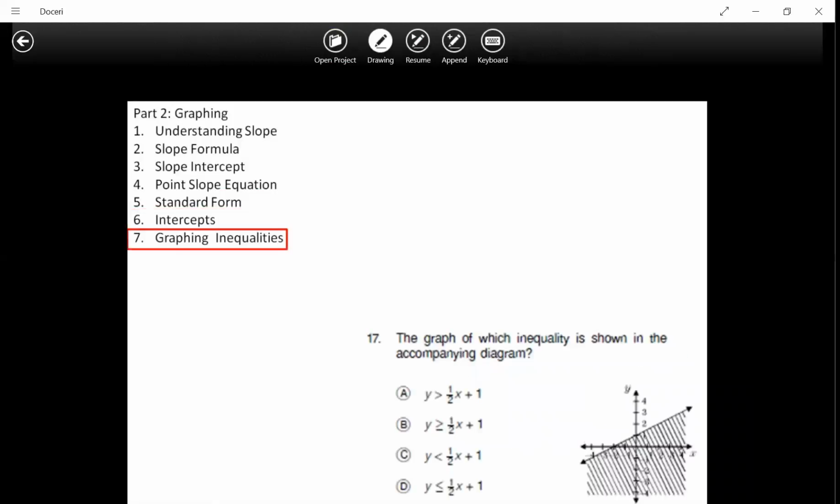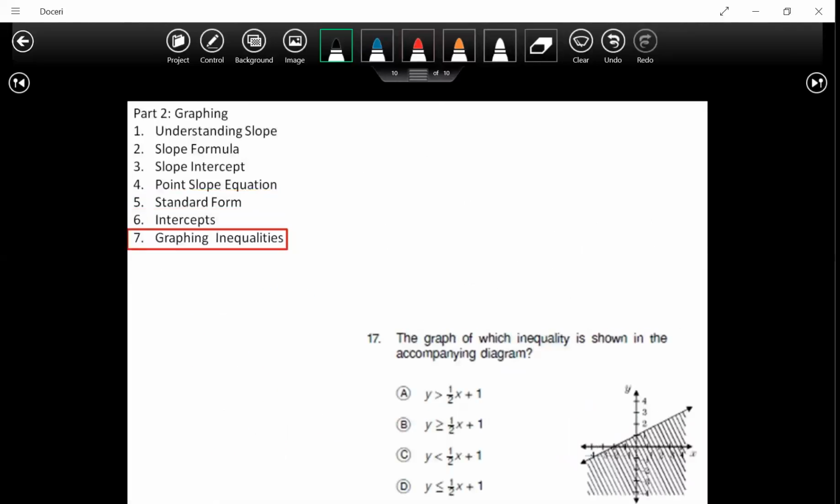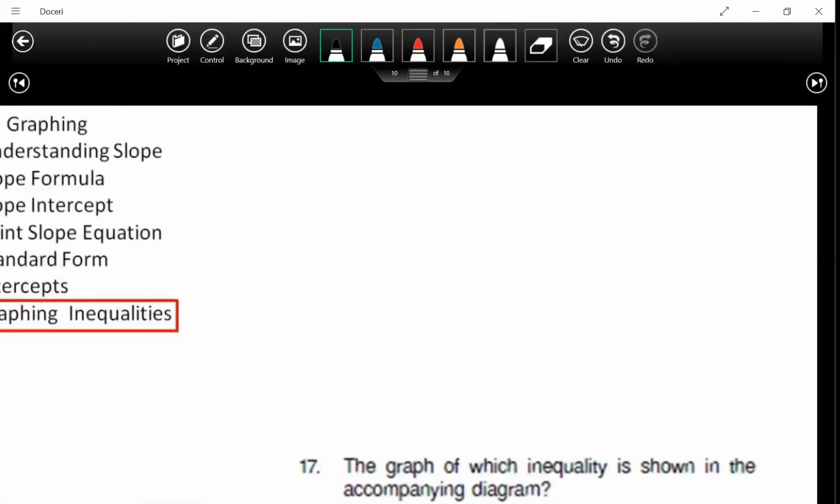The one that I want to go over is graphing inequalities. Just being able to remember how to do them is crucial. Graphing inequalities, we say that if your sign is less than or greater than, it is a dashed line or dotted line.